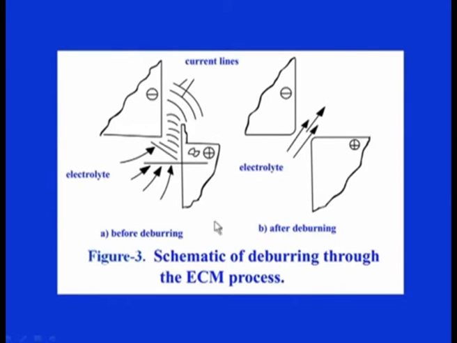This is connected to the positive terminal, in which the actual material dissolution will take place, and on performing this ECM, this burr will be removed, as can be seen here, and these corners also will get filleted, or we can say smoothened out. This is one of the very important functions or capabilities of this particular process.